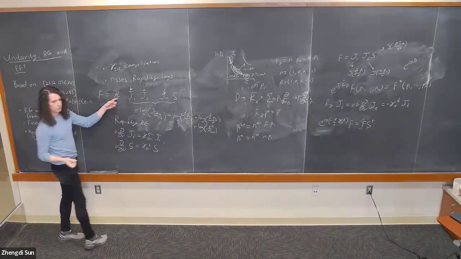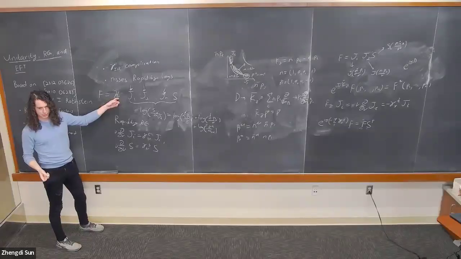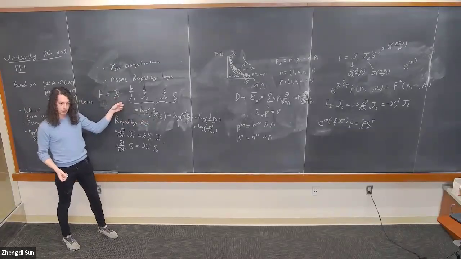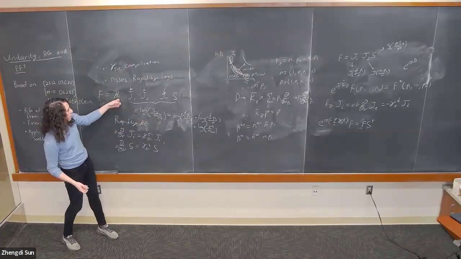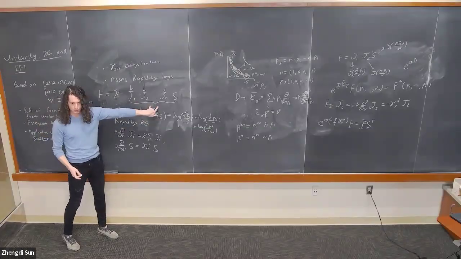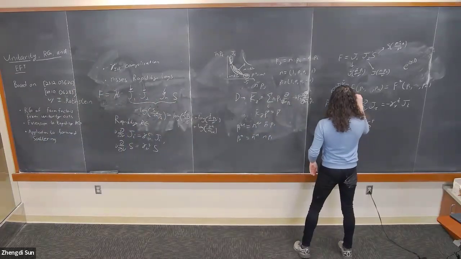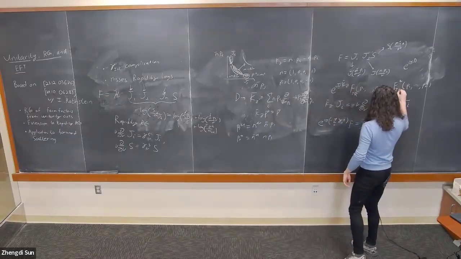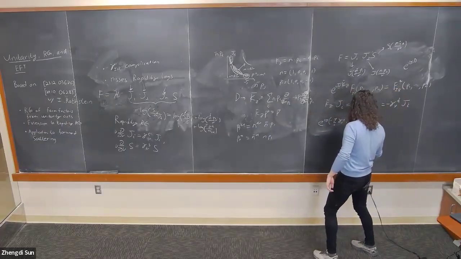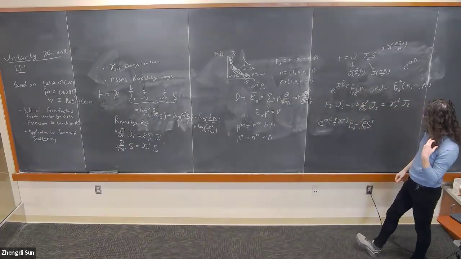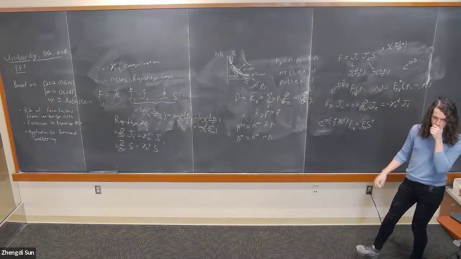There's some hard matching coefficient too that goes in here for physics living above this IR scale. And so the piece that we actually care about is this EFT form factor, or this IR form factor. Sorry about that.